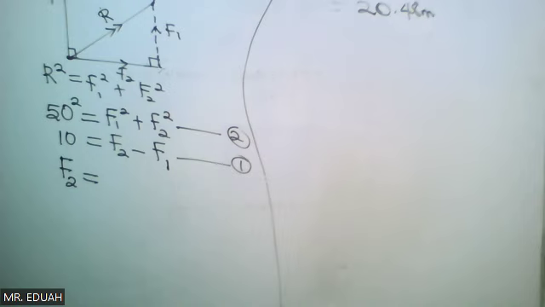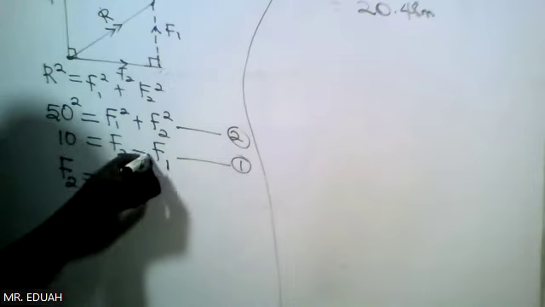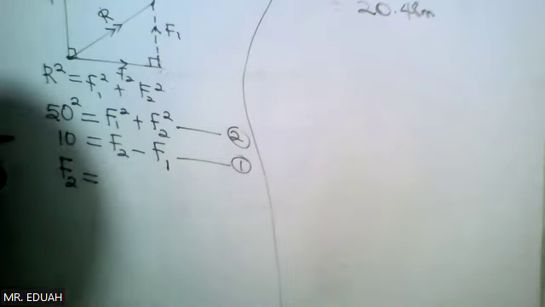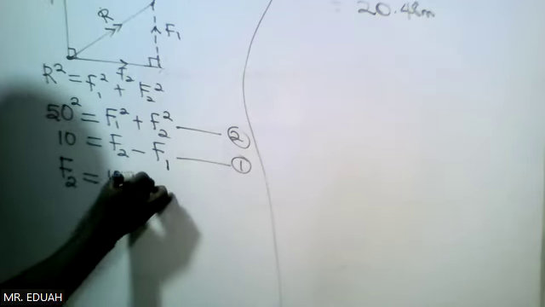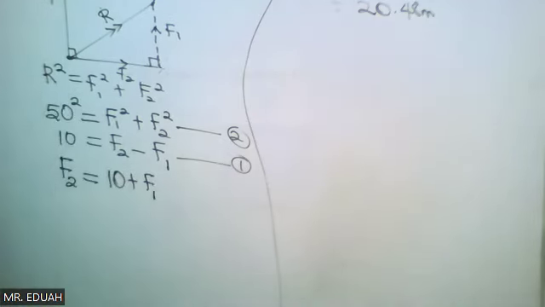F2 will be equal to 10 plus F1. So this is minus; when you send it to the other side, it will be positive. So 10 plus F1 is the value of F2.